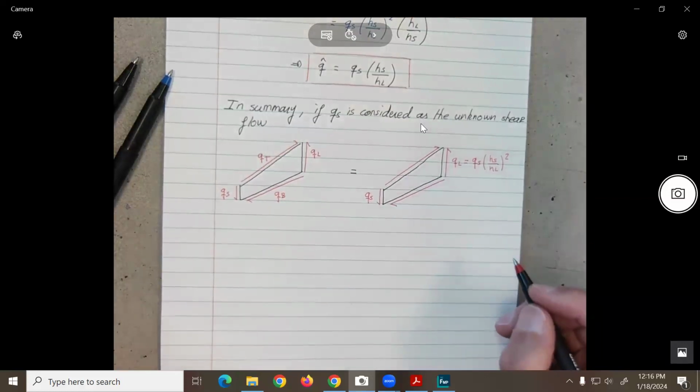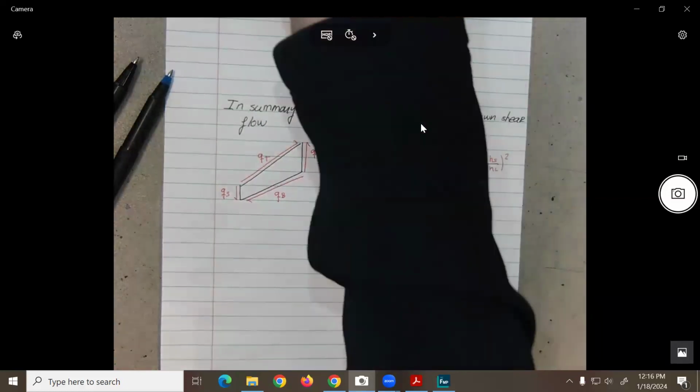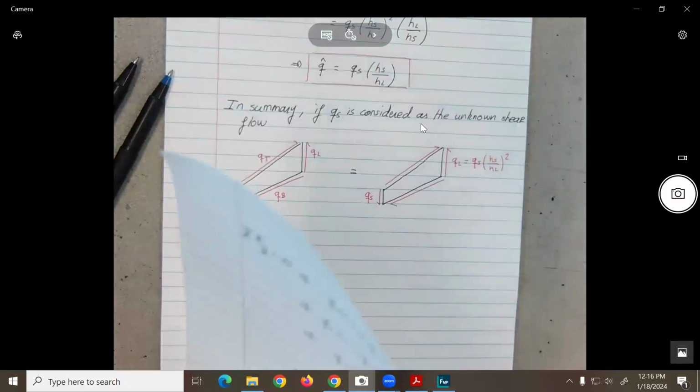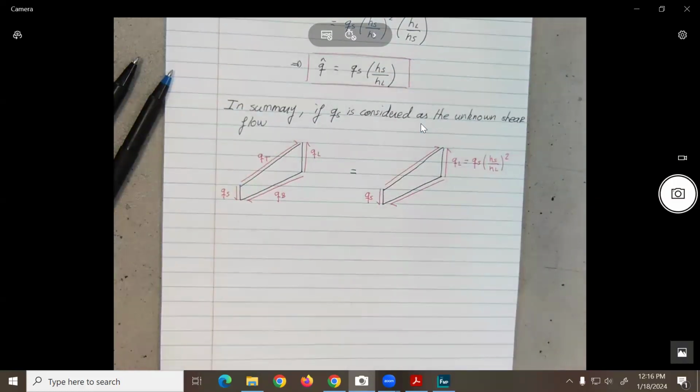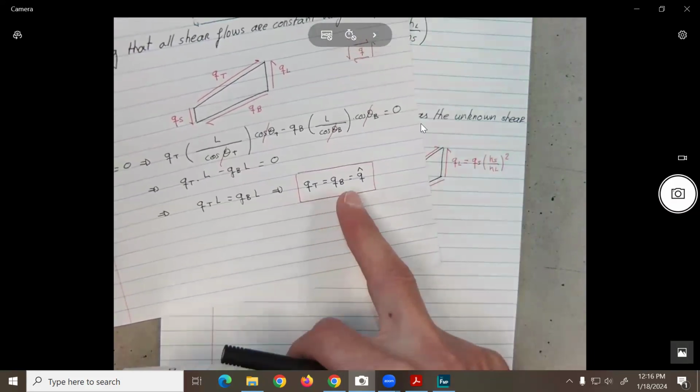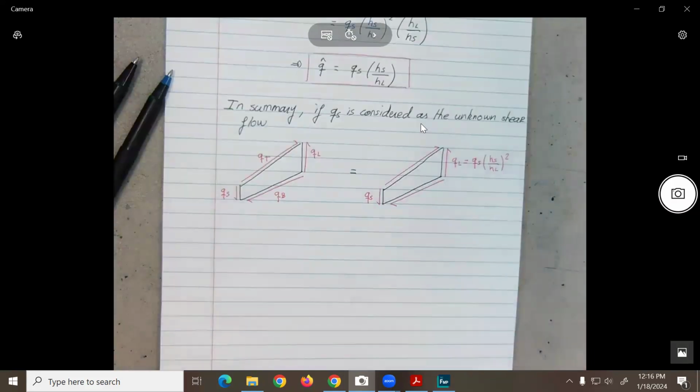What is the other thing that we said, from equation A, if I remember right? What is my equation A? Yes, from that equation A, from the first equation, we know Q top equal Q bottom equal Q hat.